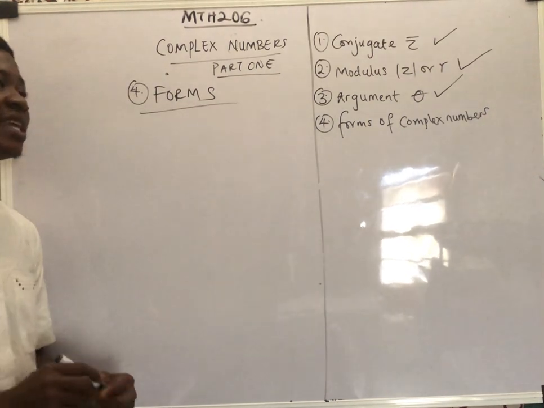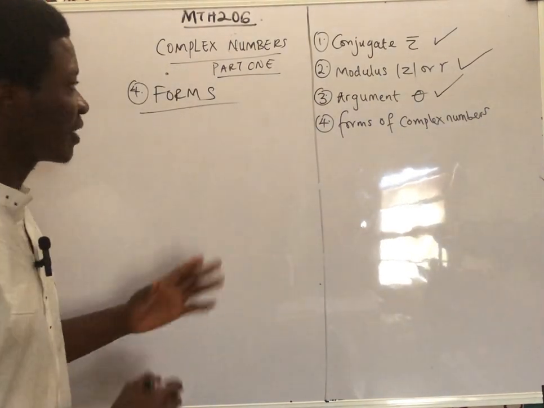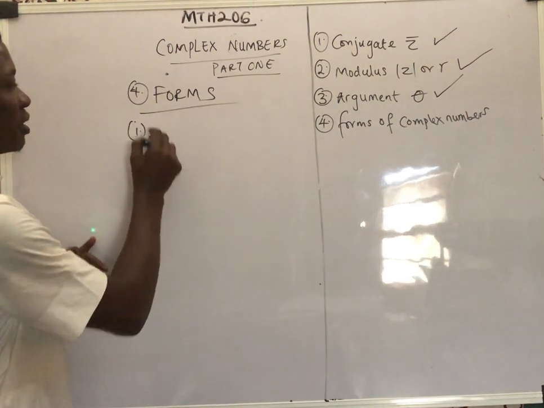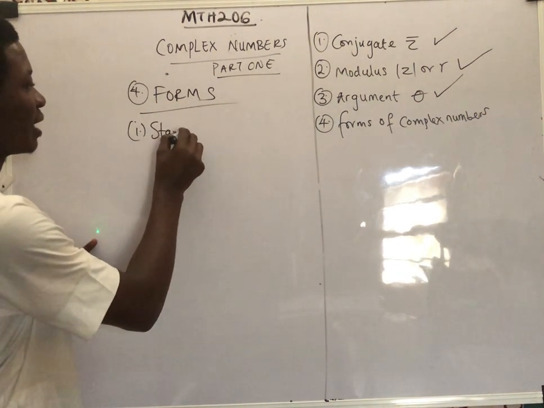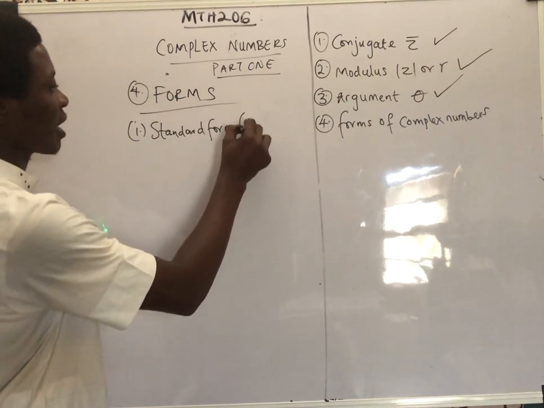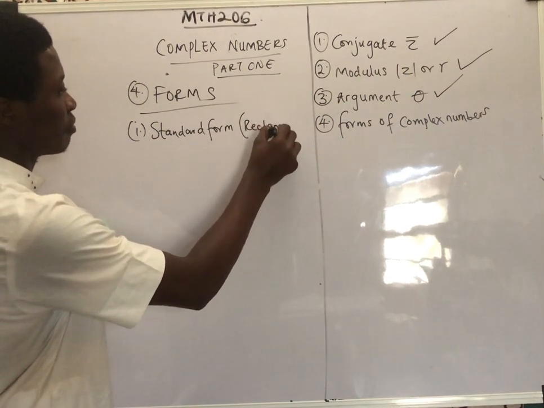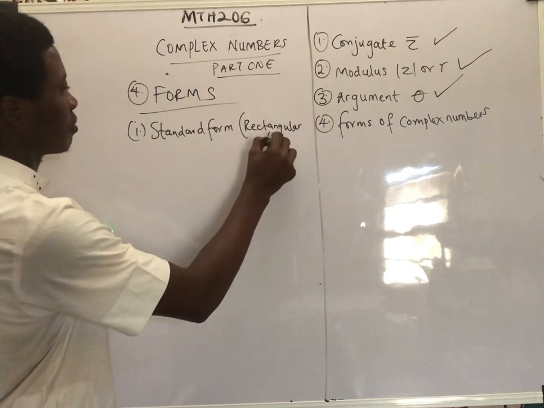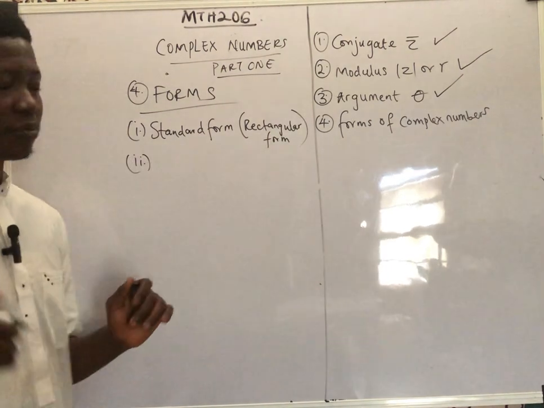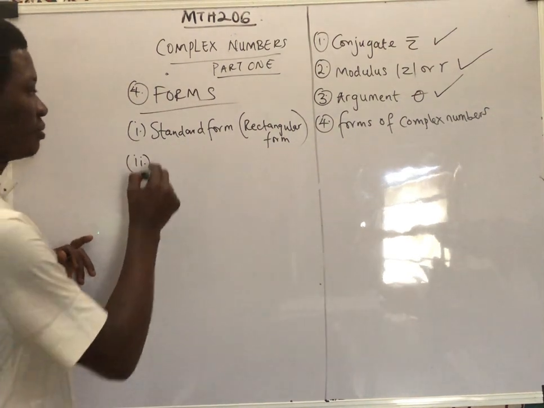Complex numbers can be in any of these 3 forms. The first one is the standard form, which most people call rectangular form. The second one, complex number can be in polar form.